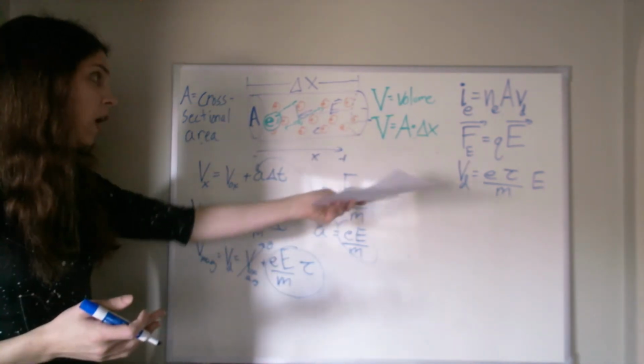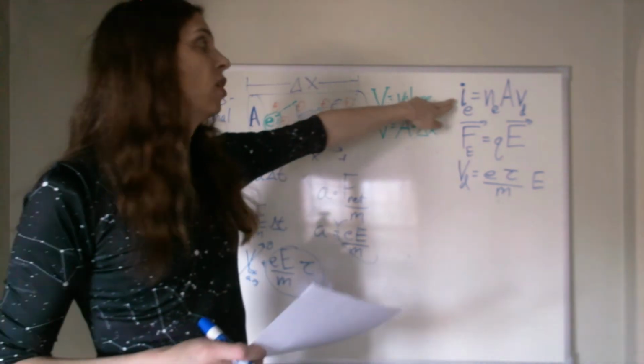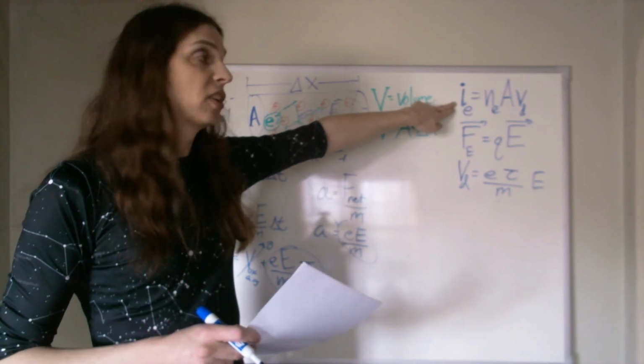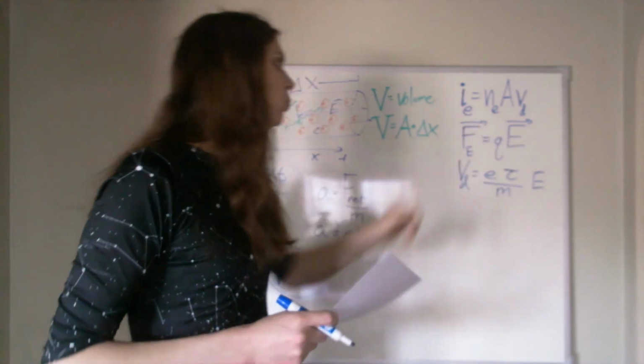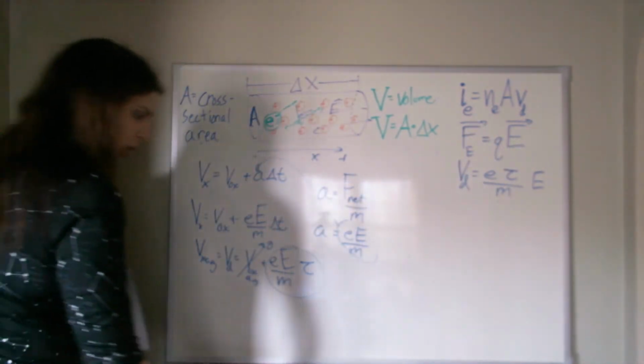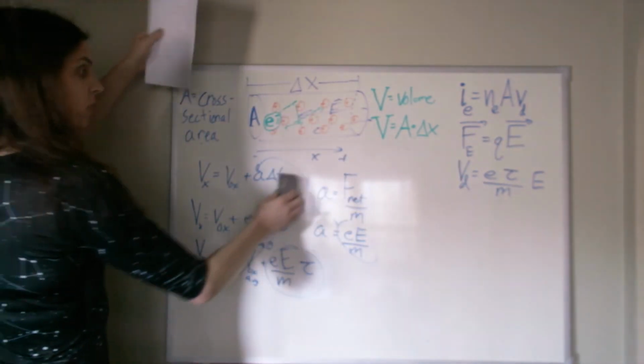And now that we have that, and we have electron current, we can express electron current in terms of the field as well. And so let's go ahead and do that.